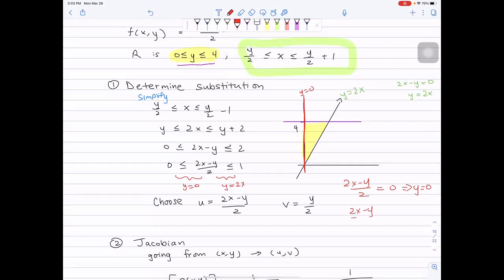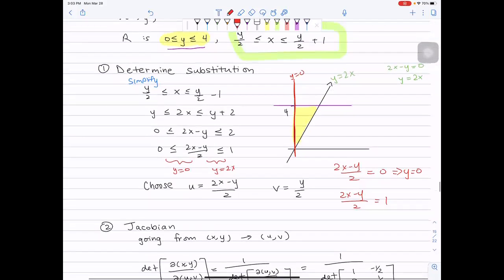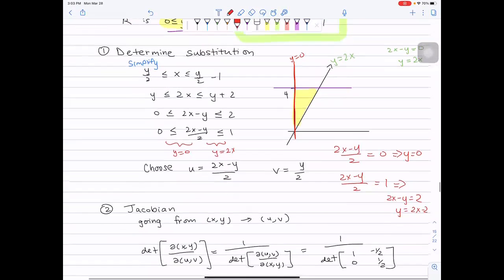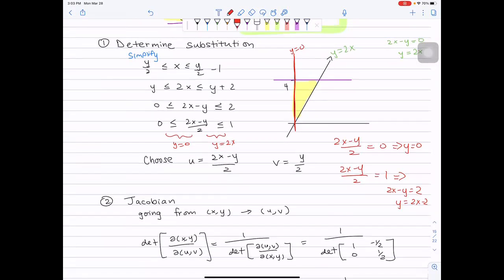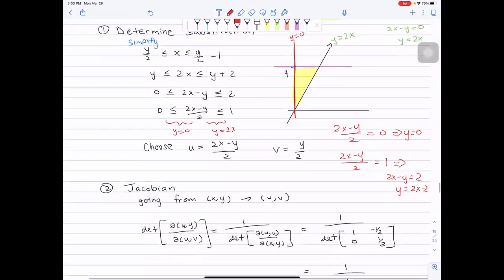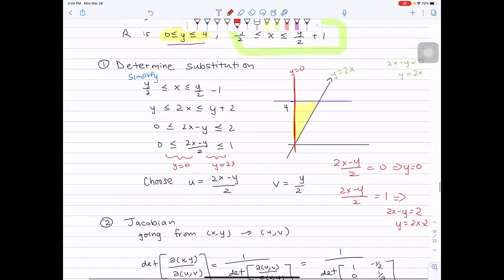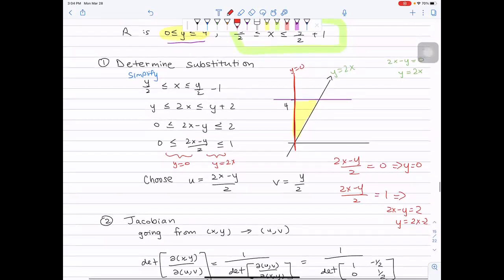Then with our upper bound, which is 1, you end up getting 2x minus y equals 2, or y equals 2x minus 2. Oh, this line, you get y equals 2x, which is this line here.